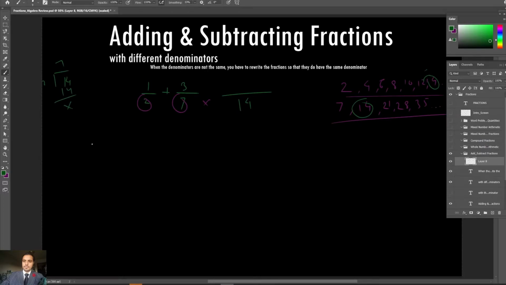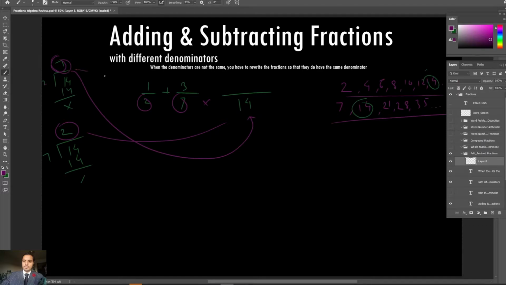And for 7, 7 times 2 is 14. So we take this 7 and multiply it with this 1, and then we take this 2 and multiply it with this 3.